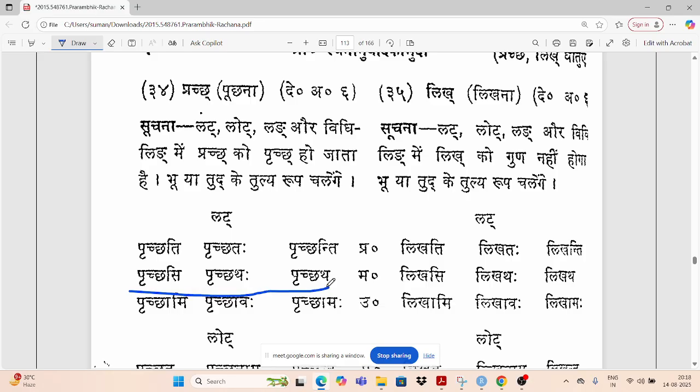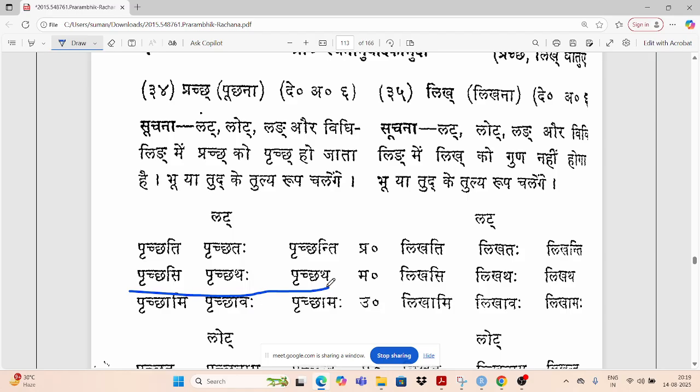Prichhasi, prichathaha, prichatha represents when I'm talking to you people, when I'm referring or conversing with somebody, the second person, the other person with whom I'm conversing, we are saying tum dono, you two. Or if I say tum teen ya teen se zyada, tum bahut sare log. If I'm saying it in that sense, then that is called Madhyama Purusha.